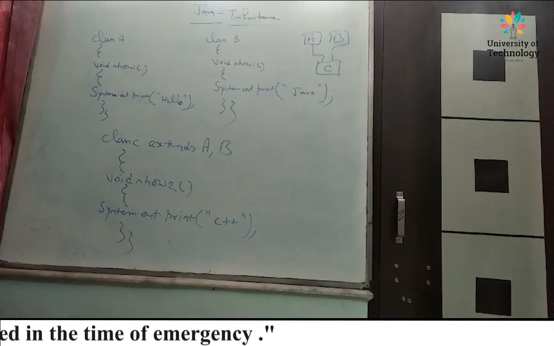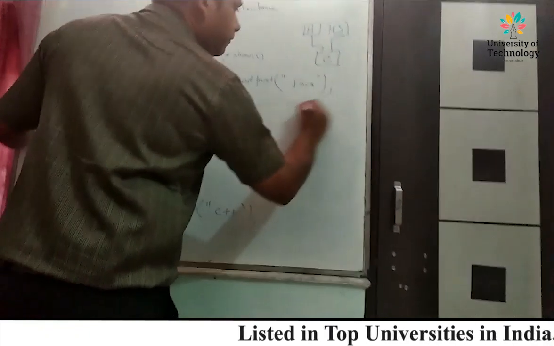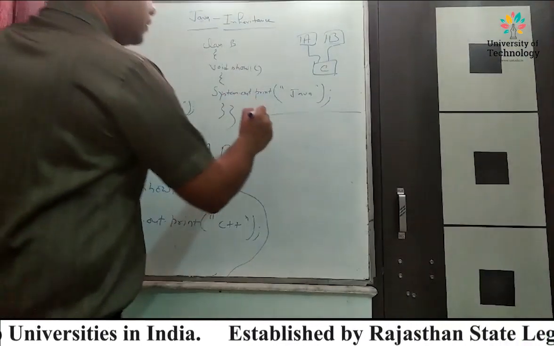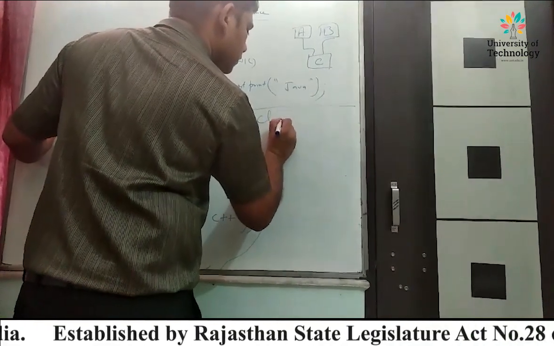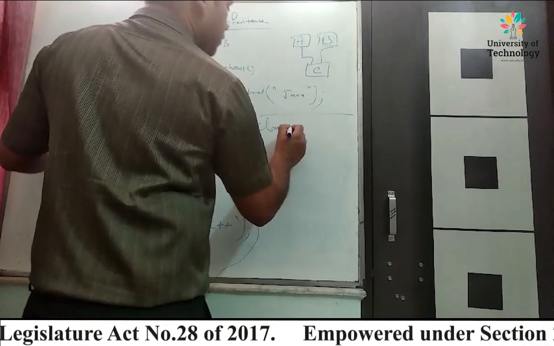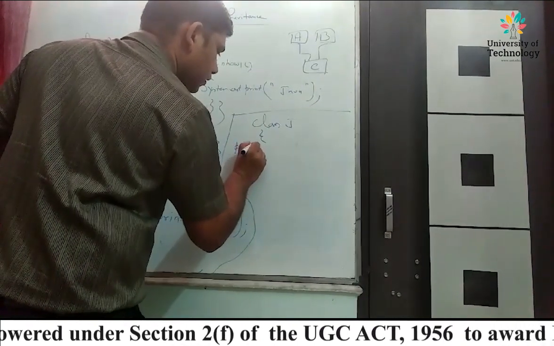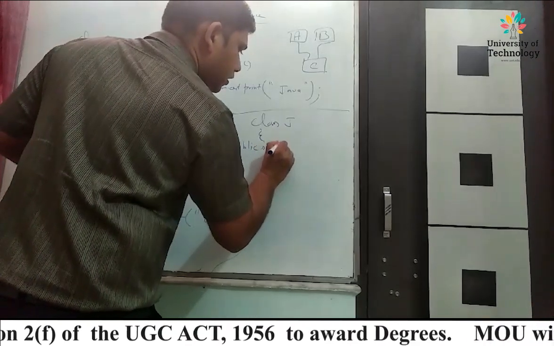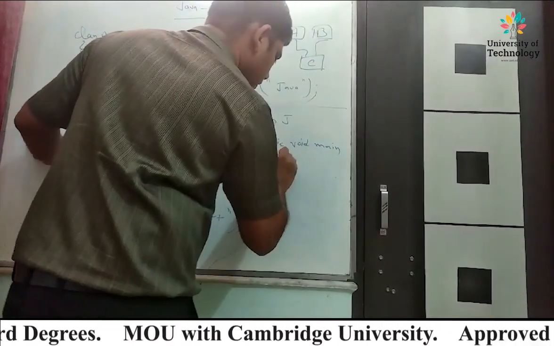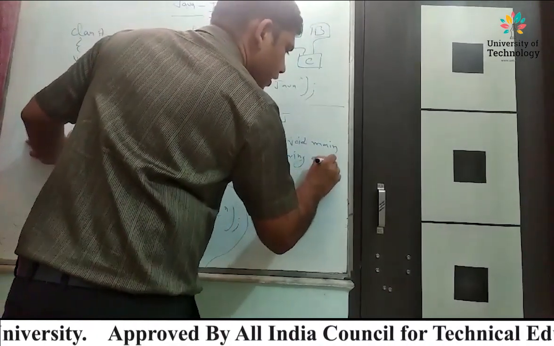Now we have to create an object of class C. Here we can create the main method: class J, public static void main, String args.